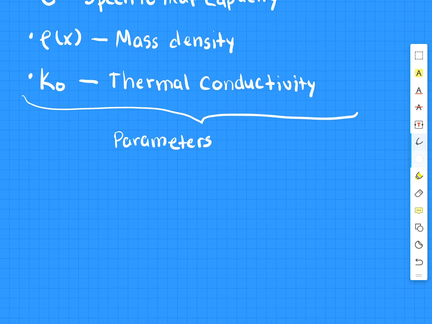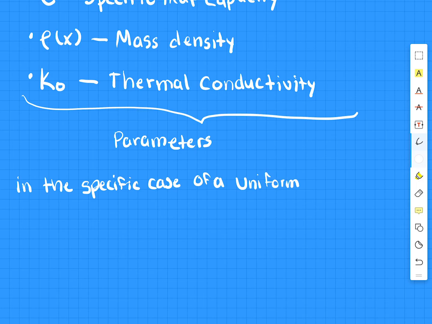So there is a specific case. Again, in the specific case of a uniform rod, it implies that C, rho, and K naught are all constants.